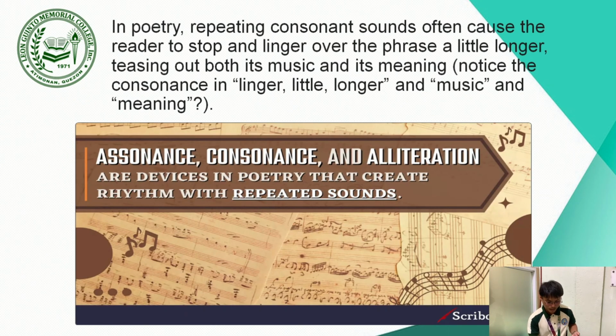In poetry, repeating consonant sounds often cause readers to stop and linger over the phrase a little longer, teasing out both its music and its meaning. Notice the consonants in linger, little, longer, and music and meaning. As you can see in the picture below, assonance, consonance, and alliteration are devices in poetry that create rhythm with repeated sounds.